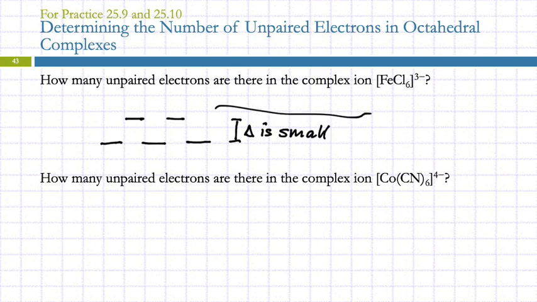Now, to get the electrons, it's probably best to look at the electron configuration for iron. So it's argon, and then 4s2 3d6.